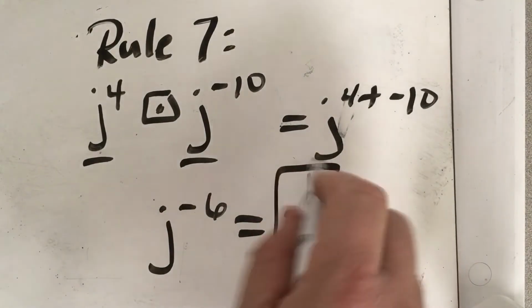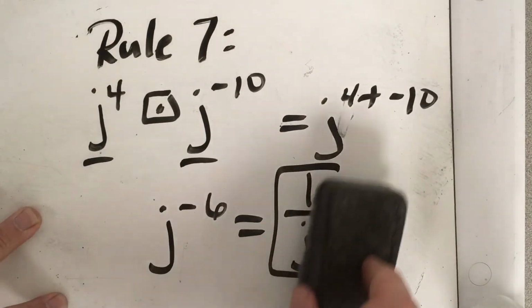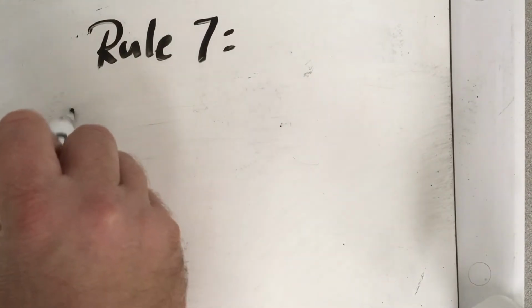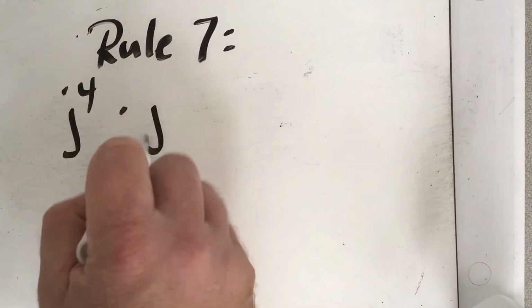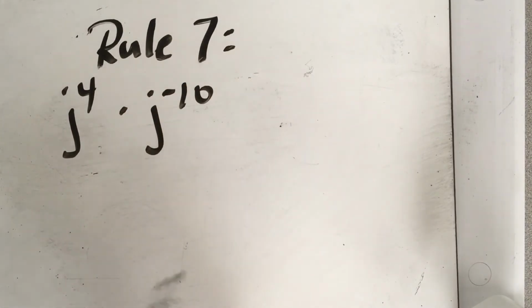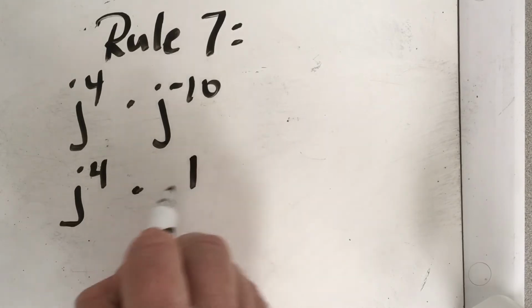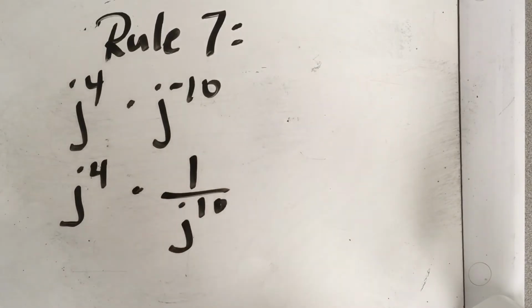And I know what some of you are thinking, so I'm going to work it a separate way. This is good stuff. Coach, when I saw j to the negative 10th, I changed it. I'm a good student who's been listening, and I changed it to 1 over j to the 10th. All right.